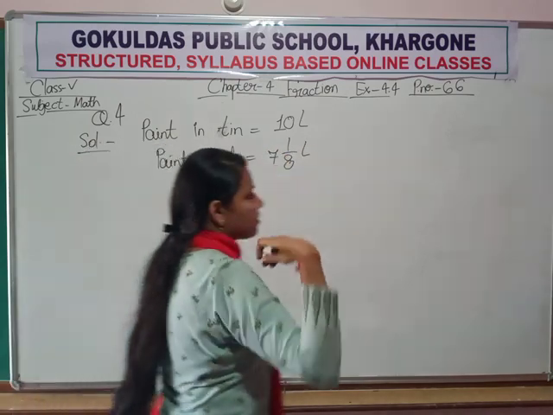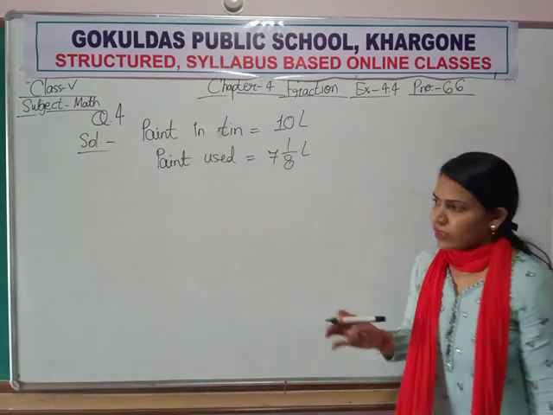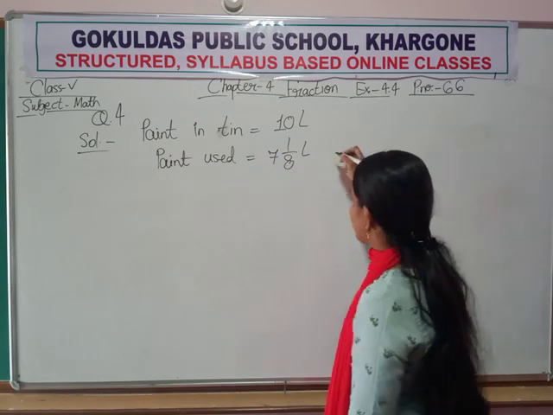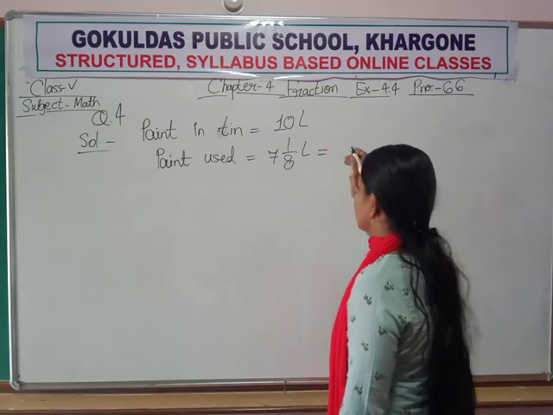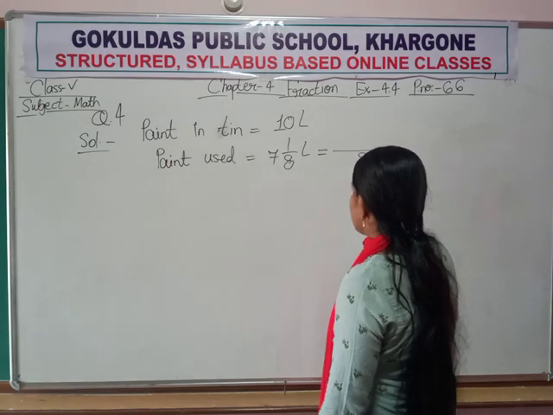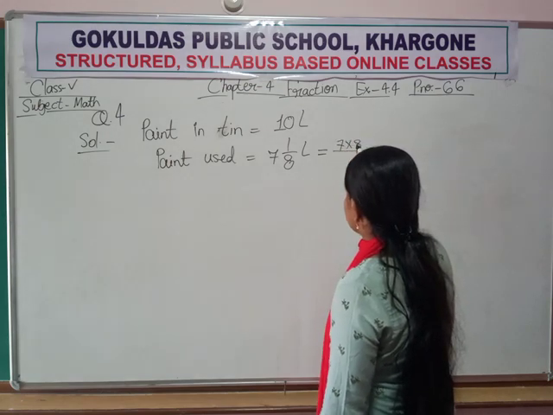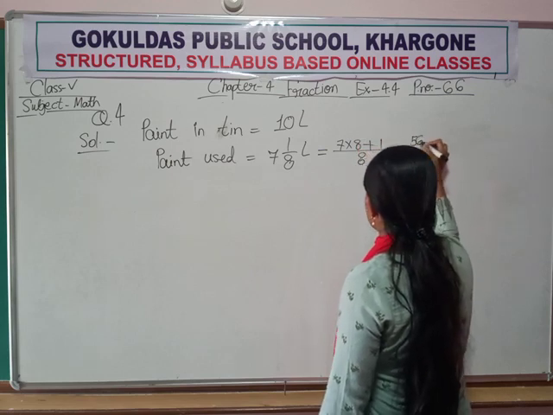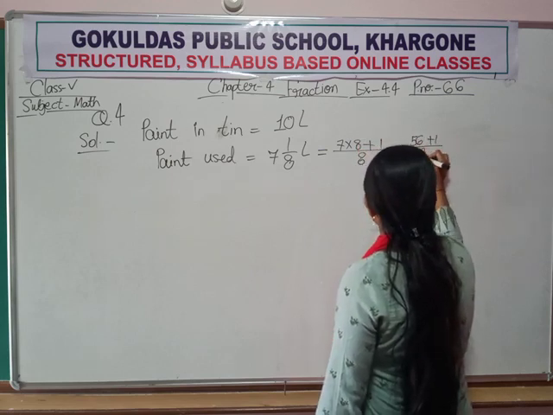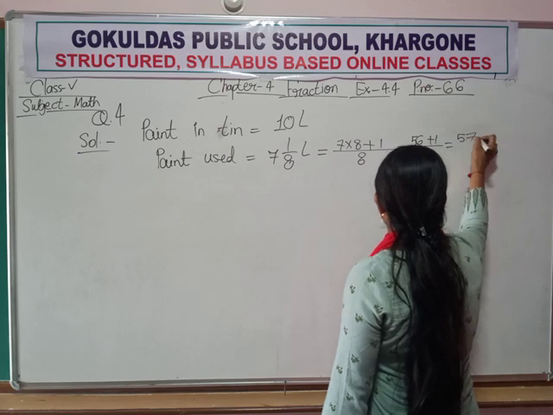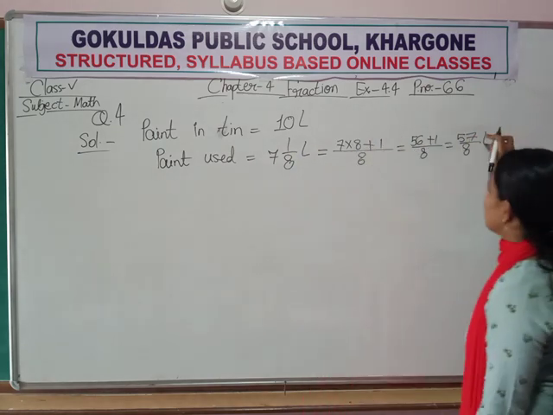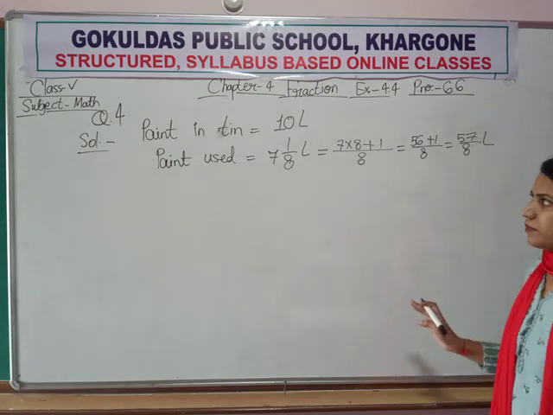This much is used. So 7 1/8 is a mixed fraction. Let us convert it into an improper fraction. 7 eights are 56. 56 plus 1, 57/8 liter. 7 1/8 liter means 57/8 liter.